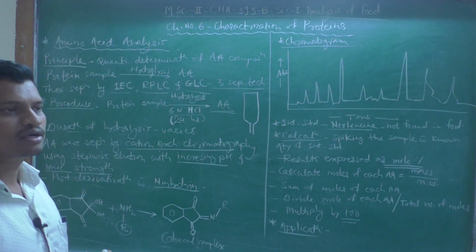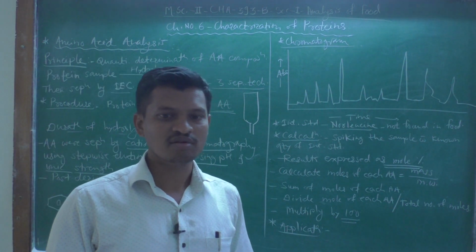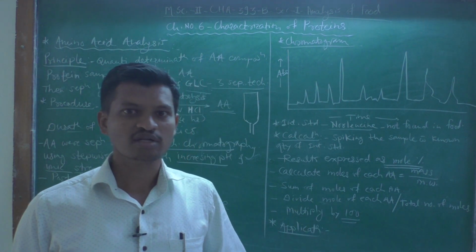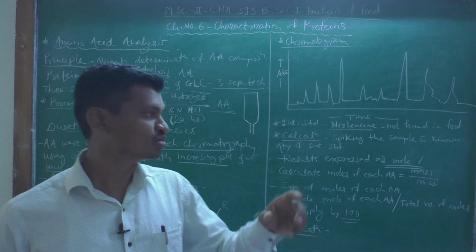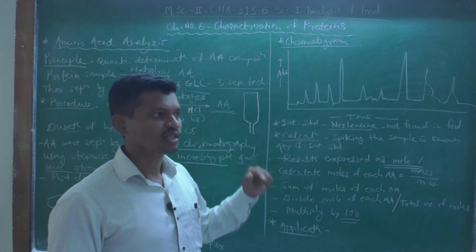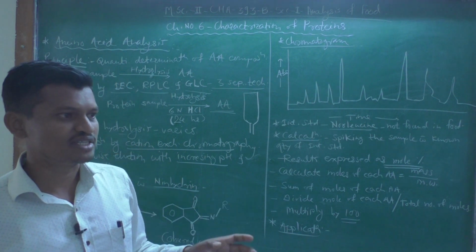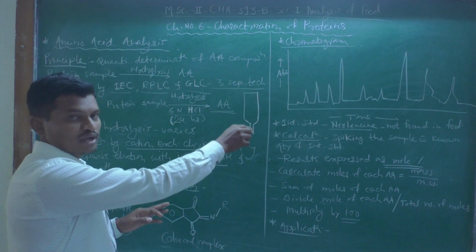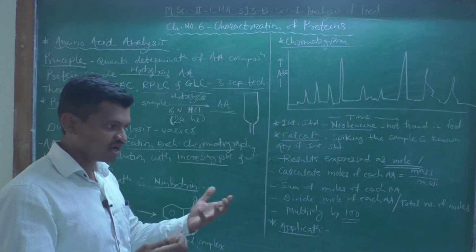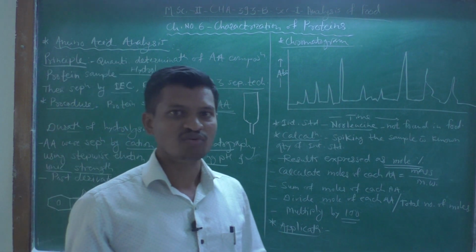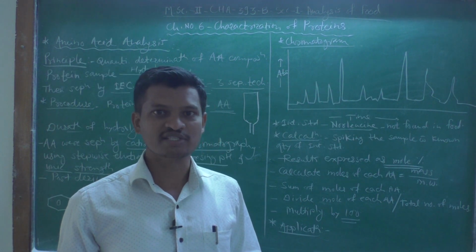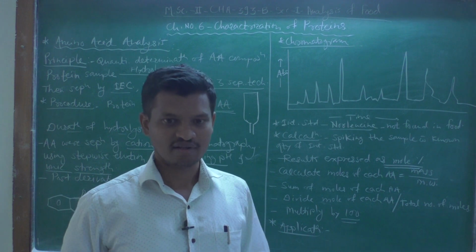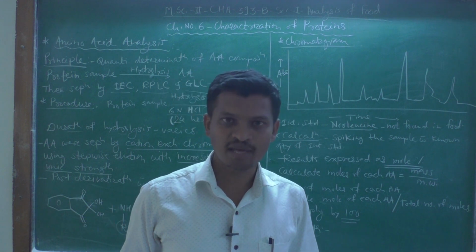Once we get the eluate from the elution process, the amino acids are separated, and we have fractions of amino acids.